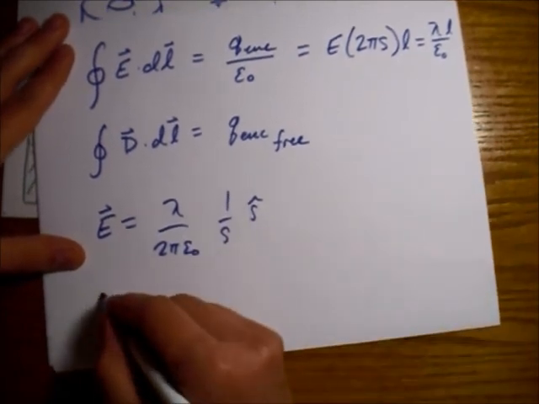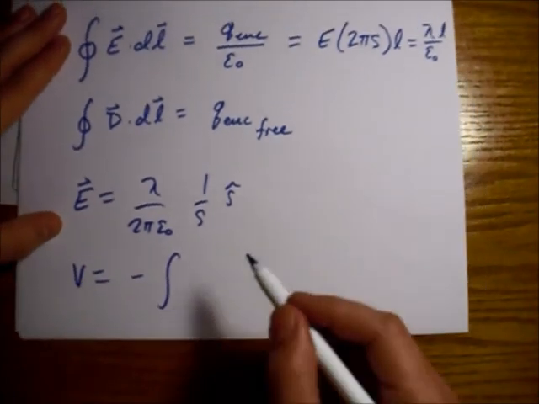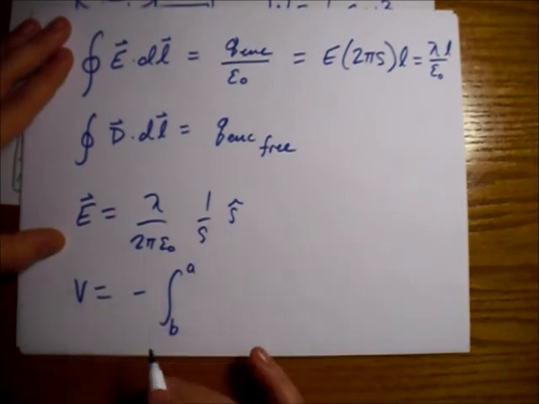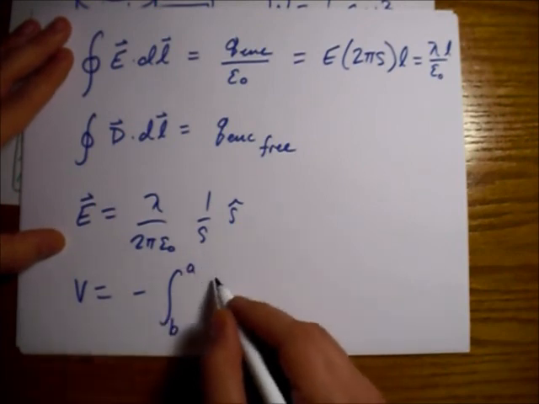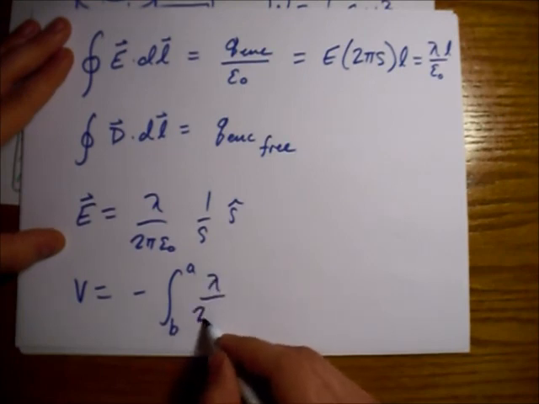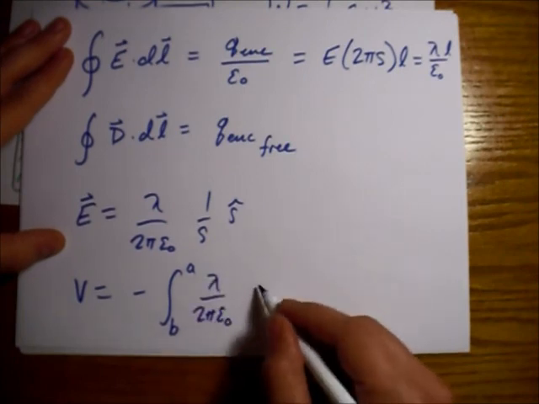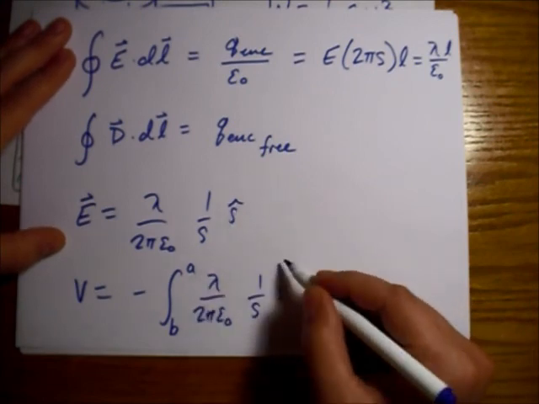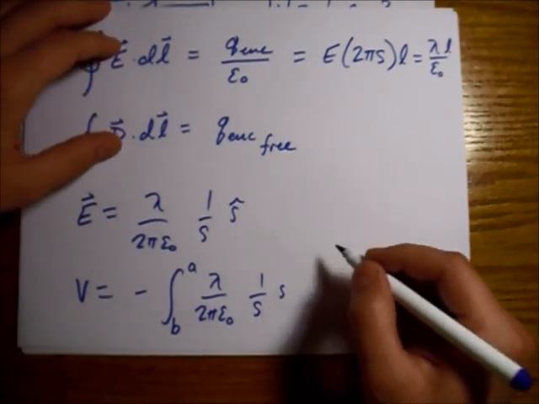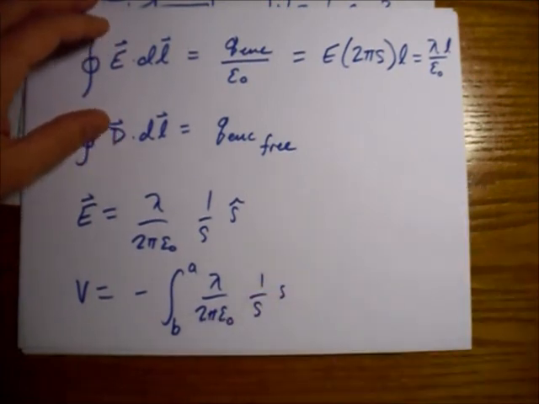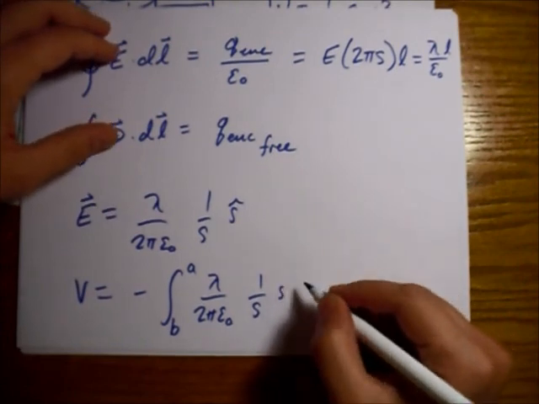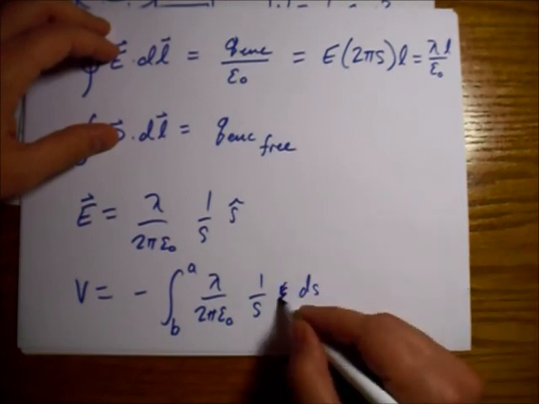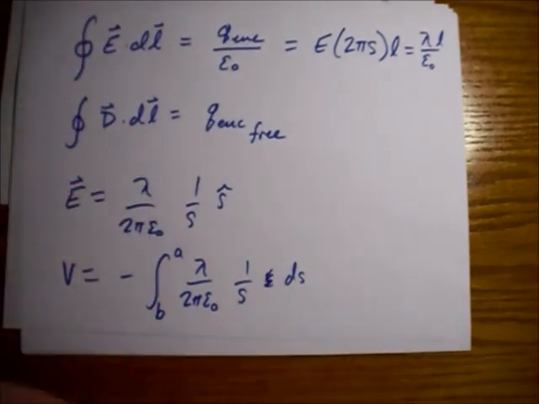And then to find the potential, we are going from this outer cylinder to the inner cylinder, and we have our constant lambda over 2 pi epsilon naught 1 over s, s hat dotted into the differential length ds s hat. So anyway, the s hats will dot and give you a 1.